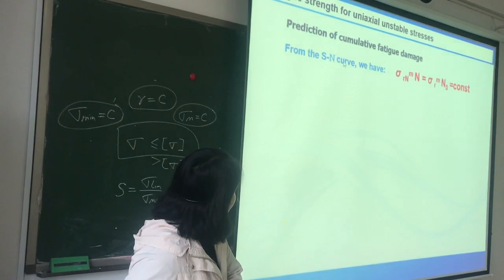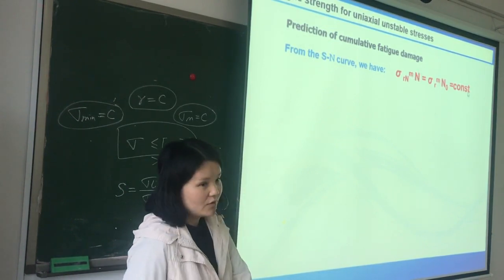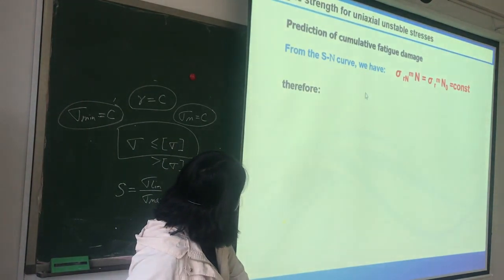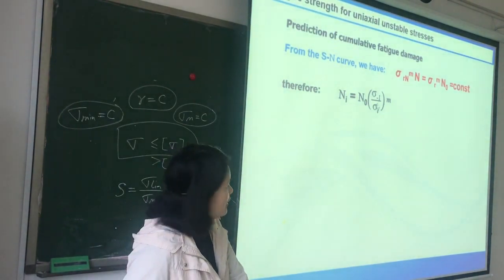Okay, and from the SN curve, we have sigma to the m times N is constant, and therefore I can express it as this.